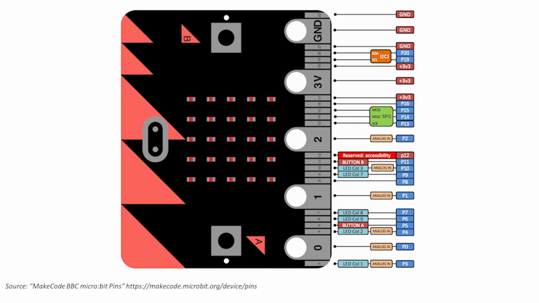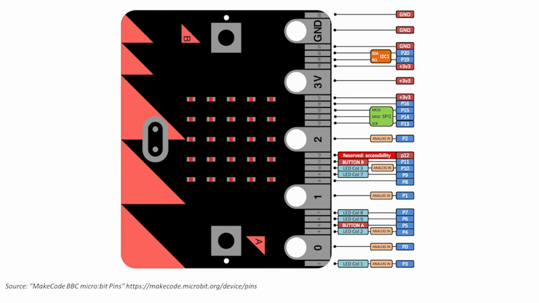Each microbit also provides 25 external connections, also known as pins, on the edge connector. Pins P0 to P16 can serve general input and output purposes, so they are also known as general purpose input and output pins, or simply known as GPIO pins.